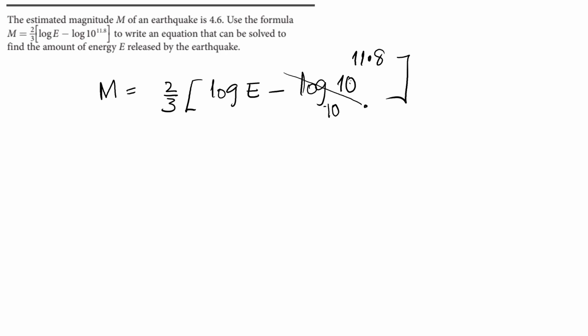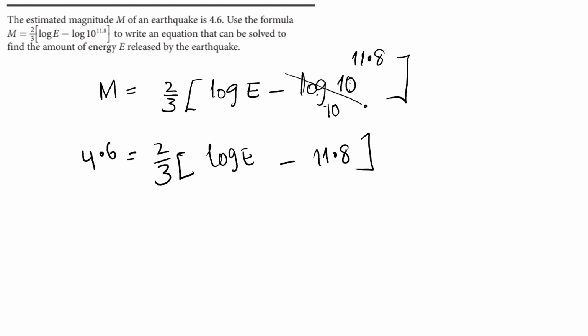If you have doubt, you can write log 10 to the power of 11.8 and you will definitely get 11.8. Write here log of E equals 2 by 3 and in place of M replace by 4.6, which is given in the question.